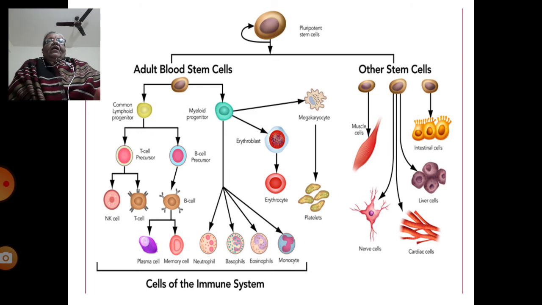And the stem cells which differentiate into adult blood cells go into the formation of cell components of the immune system, whereas the other stem cells may differentiate into muscle cells, nerve cell, cardiac muscle cell, bone cell, and whatnot, right?